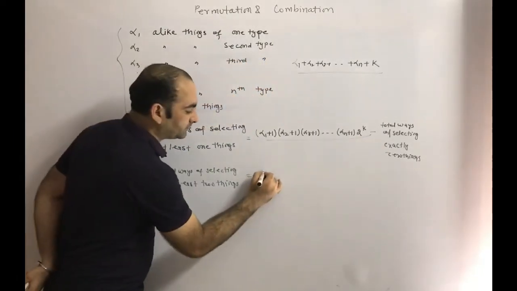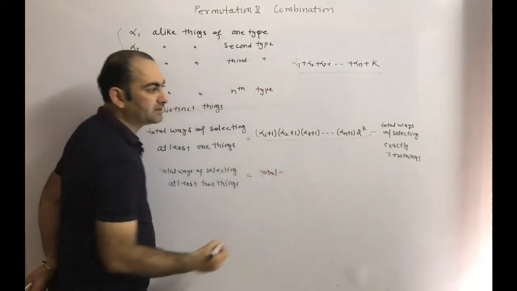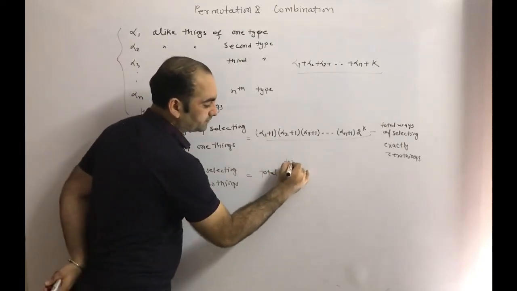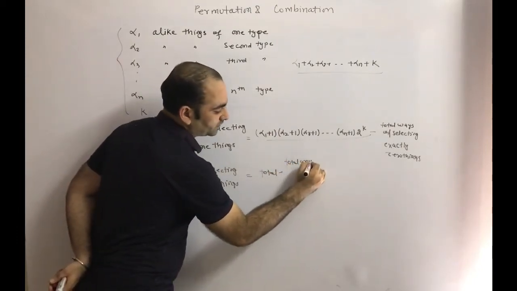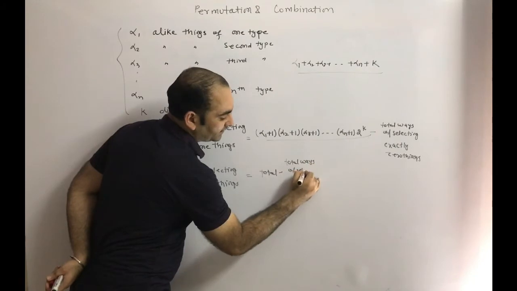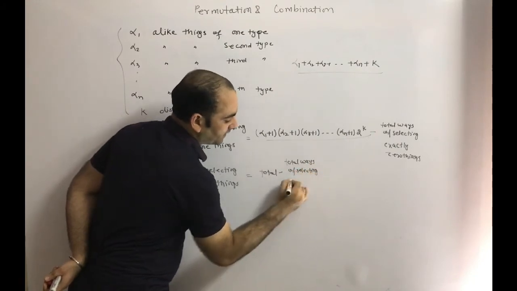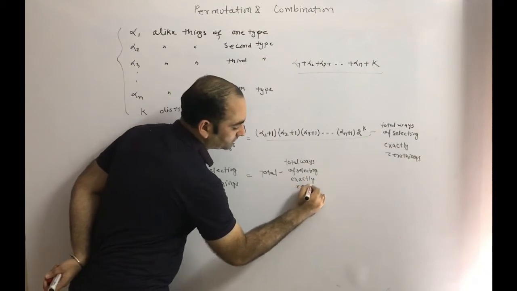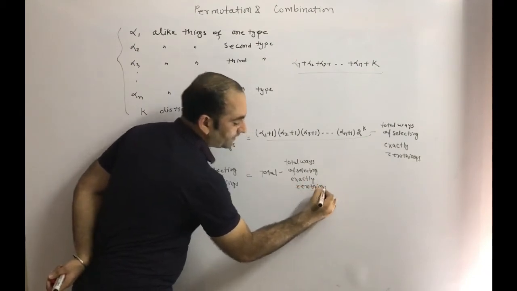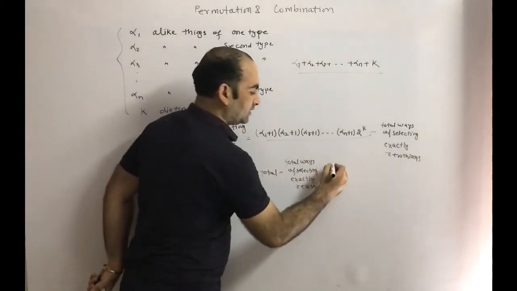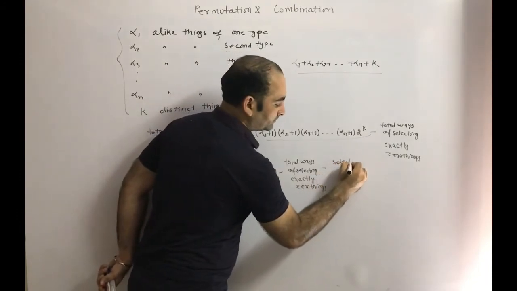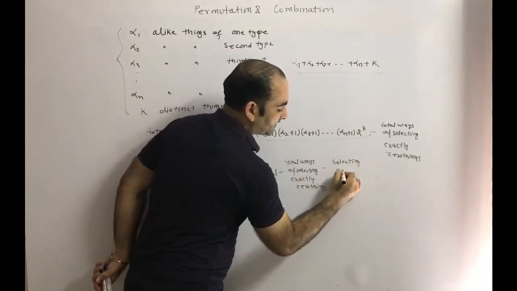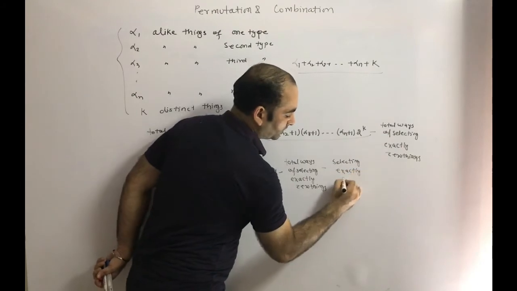From the total you have to subtract total ways of selecting exactly 0 things minus selecting exactly one thing.